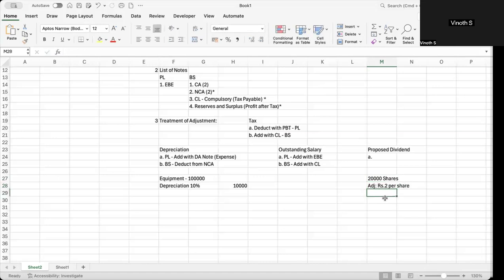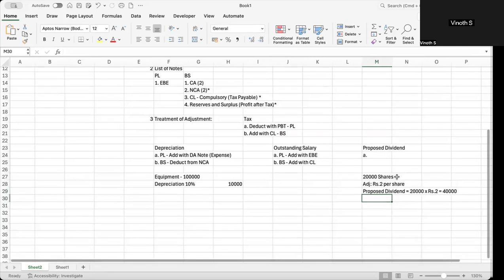That means we need to calculate how much is the proposed dividend. It is very simple: 20,000 shares multiplied by rupees 2. That means 40,000 is the proposed dividend. This 40,000 will be taken for the adjustment.